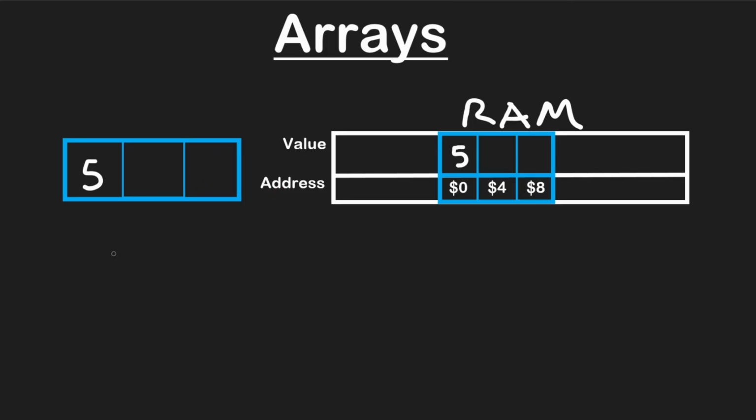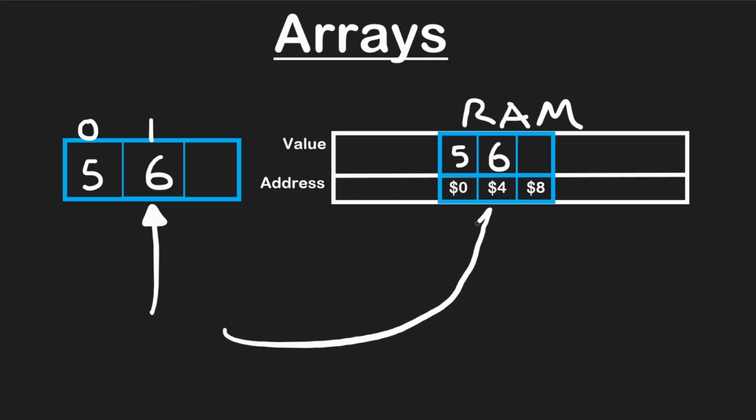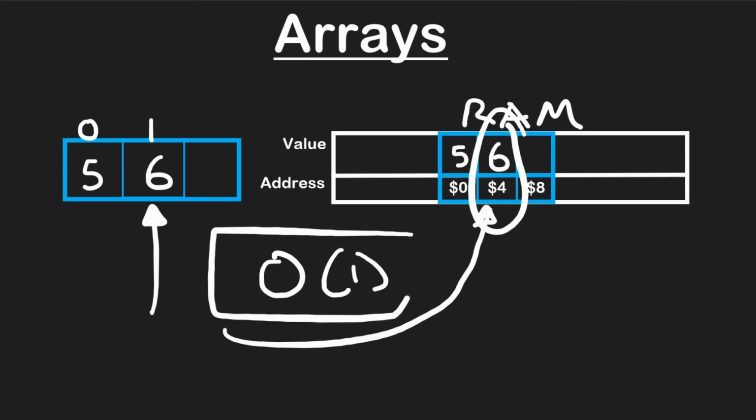By the way, as we add a new value to the end of the array at the next empty spot that we're keeping track of, it's also going to be an instant operation because we know this is index 0, this is index 1. We want to write to this position. Therefore, we know instantly that we're writing to this position in RAM. So writing to any position is also a big O of 1 operation. It's constant time.